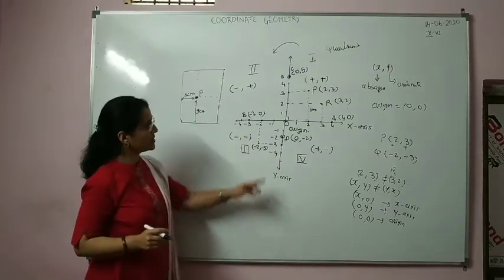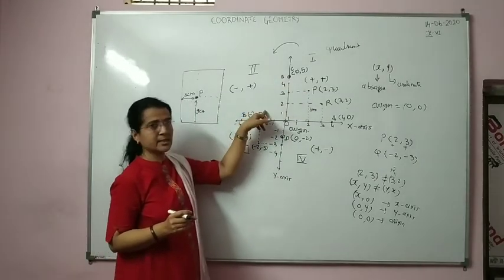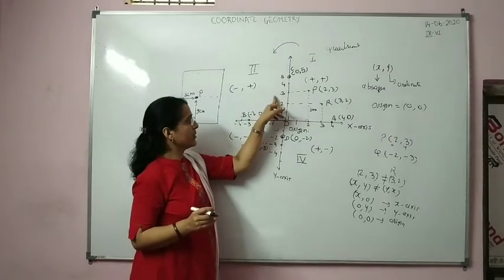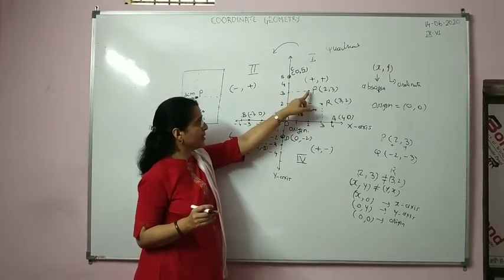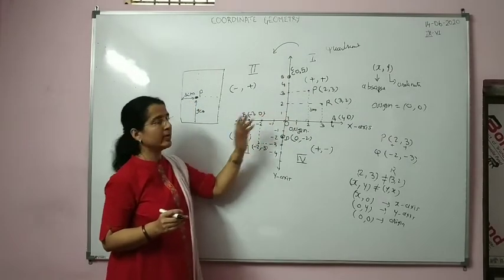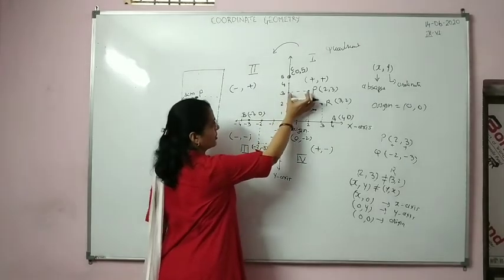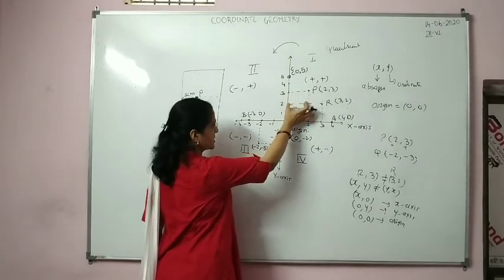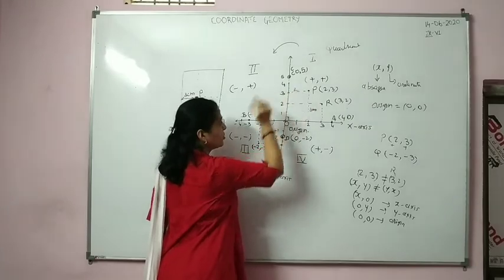And what is the distance of the point from the y-axis? We draw the perpendicular from point P to the y-axis, and if you measure it, this distance is 2 units.